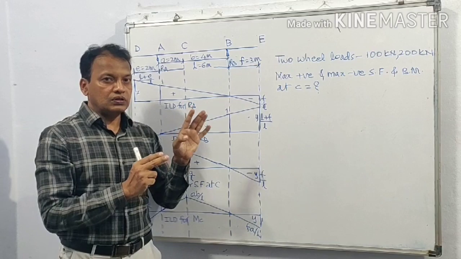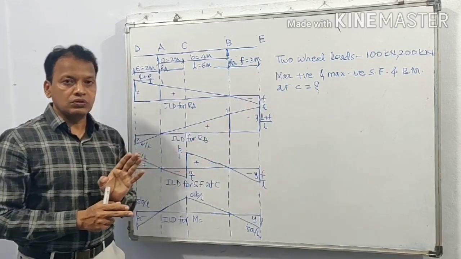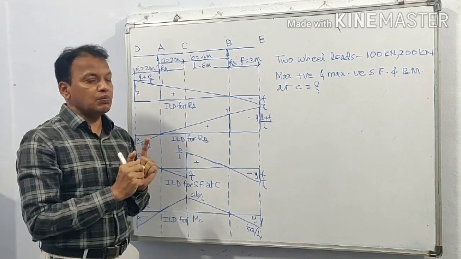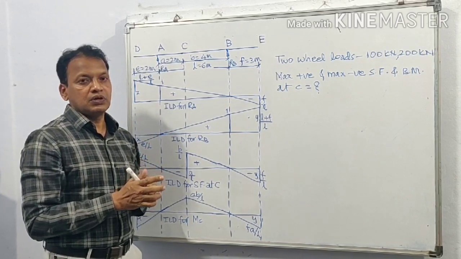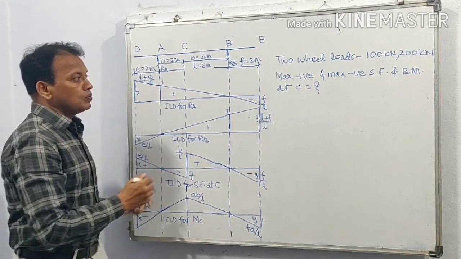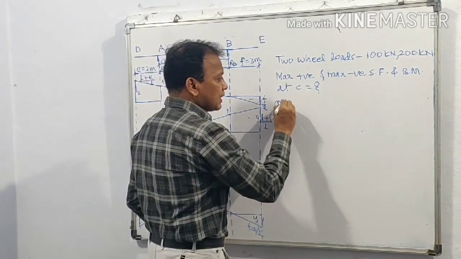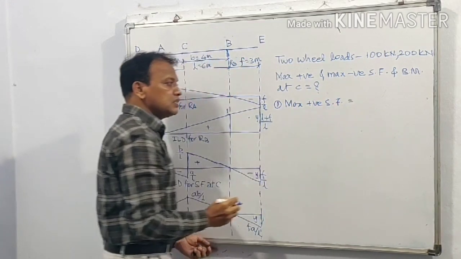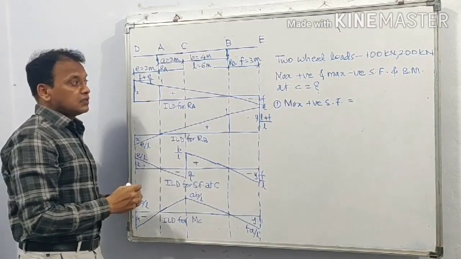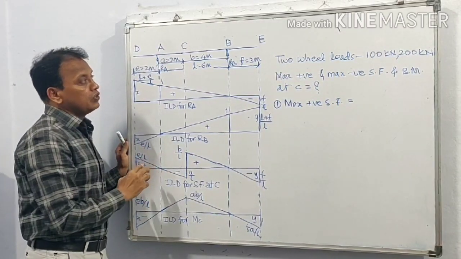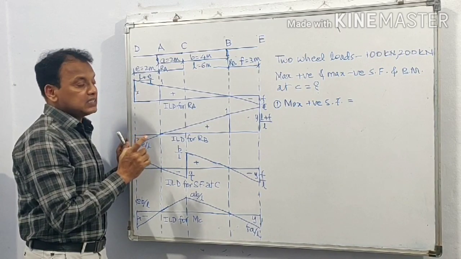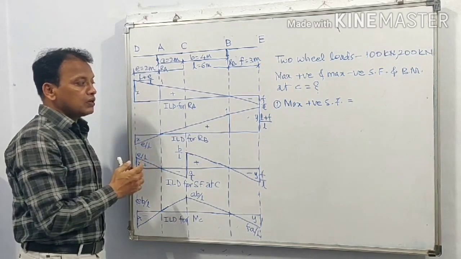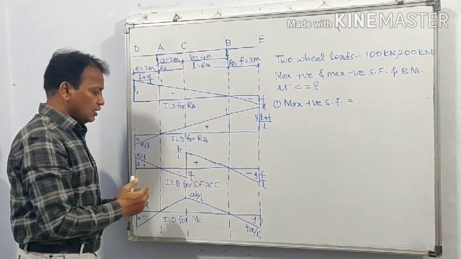For this situation, we are asked to calculate maximum positive shear force, maximum negative shear force, maximum positive bending moment and maximum negative bending moment. Now first case, maximum positive shear force. As we have solved some examples, we know that to calculate maximum positive shear force, the load must be applied on the beam where the influence line diagram is positive.